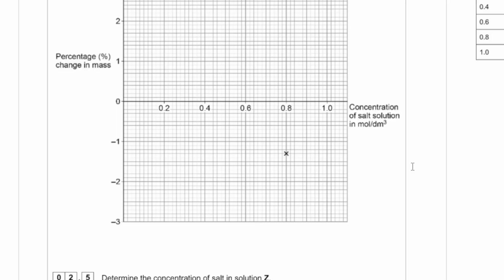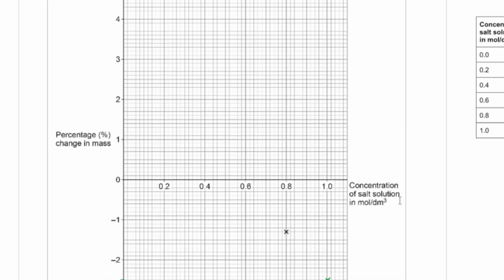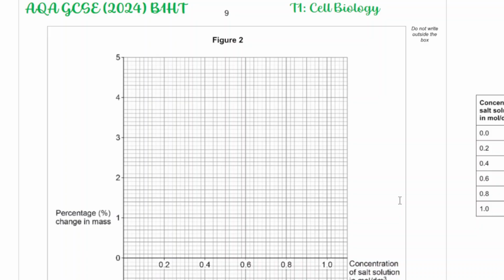Let's do, while we are here, the percentage change in mass for 1, which is minus 2.5. So if that's 2, this is 2.5. So that's minus 2.5. Let's go up. So at 0.2, it's 4.1.